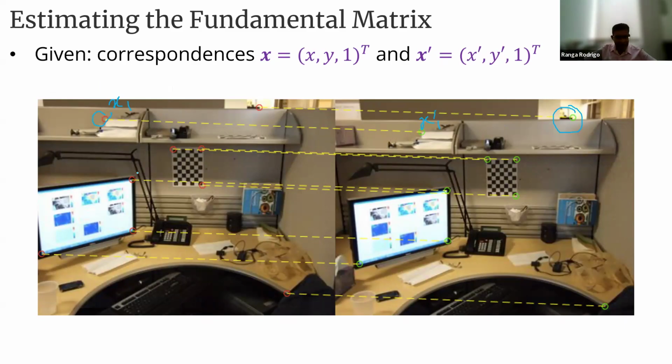This point and this point are matching points. So this is x2, let's say, and this is x2 prime. Like that, if you have matching points, you can see they have put the Multiple View Geometry book also. I also had it on my desk all the time when I was studying, because it's such an important book.